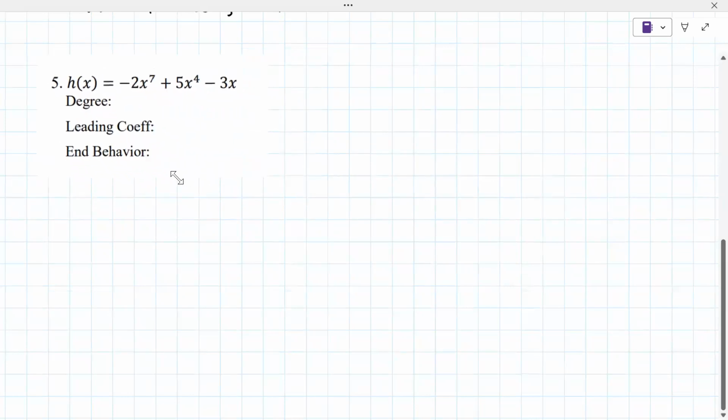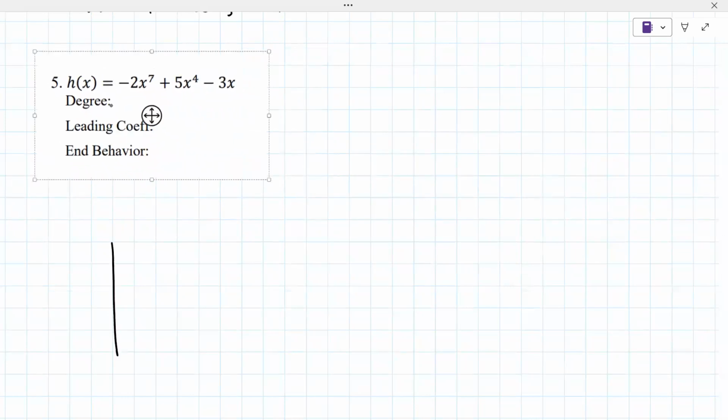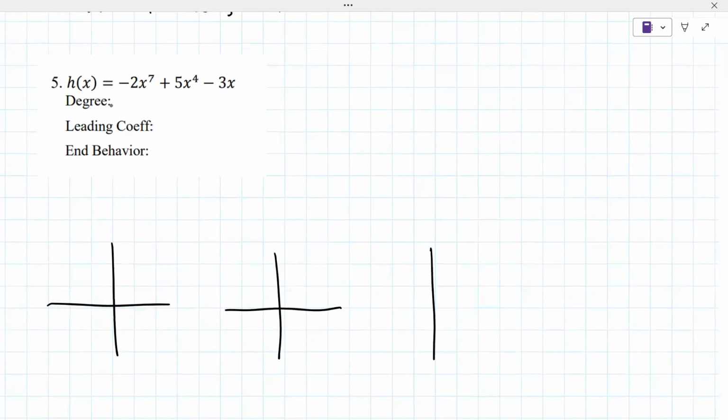Based on what's here, there are four possible graphs that it could be, and that's what you have to be able to figure out here. Is it the one on the left, the second one?